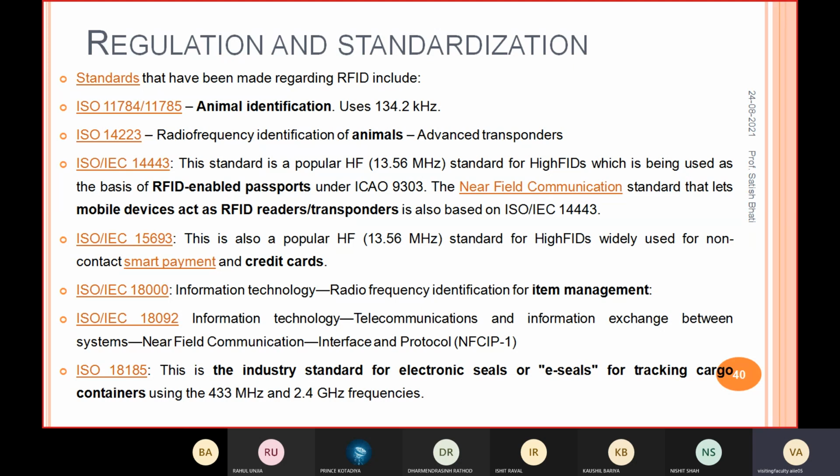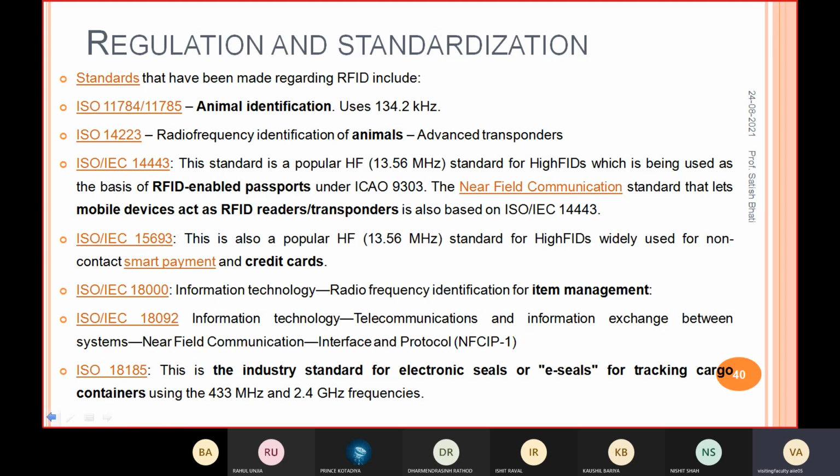Then some standards are for industry purposes, an industry standard for electronic seals, e-seals, for tracking cargo containers. They are using the frequency in the super high frequency band, or microwave frequency band, that is 433 megahertz and 2.4 gigahertz.